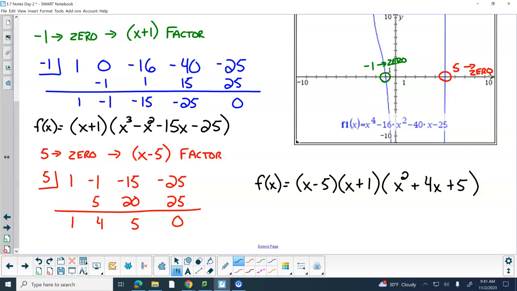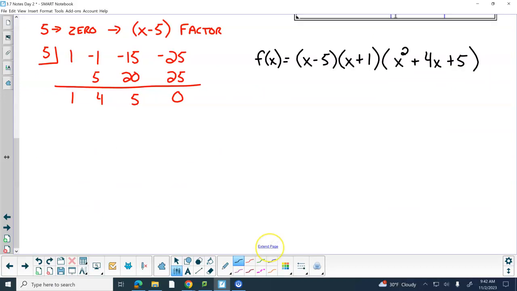Because the graph doesn't go past the x-axis more than the 2 times that we went. So we can't have any other one. So what are those two roots going to be? They're going to be imaginary because they don't show up on our graph. They would show up on our graph if they were real. Okay? Doesn't show up. So here we go. Let's find them. Well, let me finish this problem first.